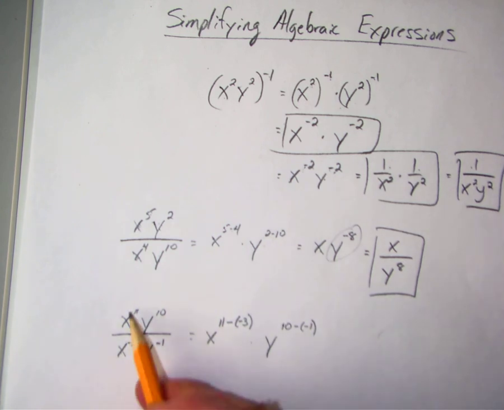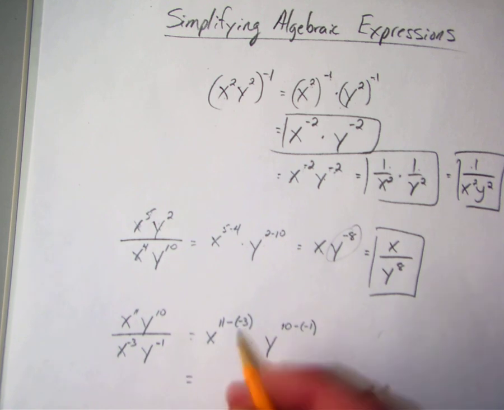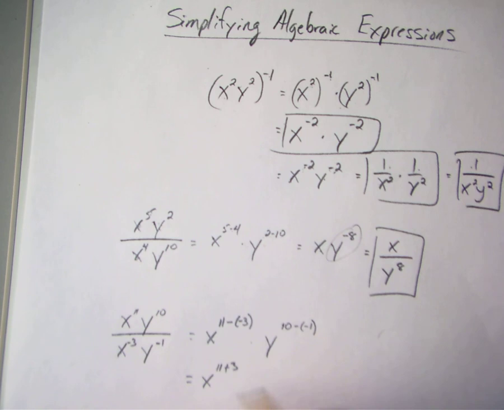Because division means subtraction, so we're subtracting negative numbers. So really, it becomes x to the 11 plus 3 and y to the 10 plus 1. So that gives me x to the 14th times y to the 11th. Okay, bases are not the same, and there are no negative exponents, so I am finished.